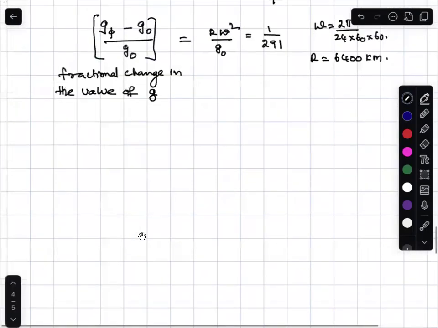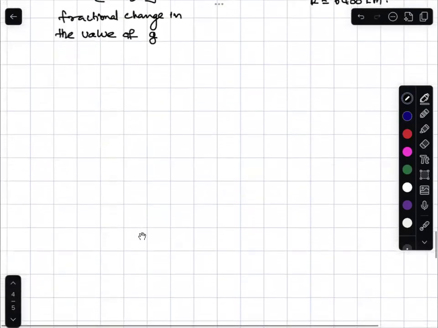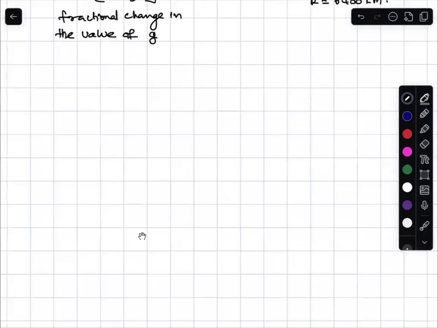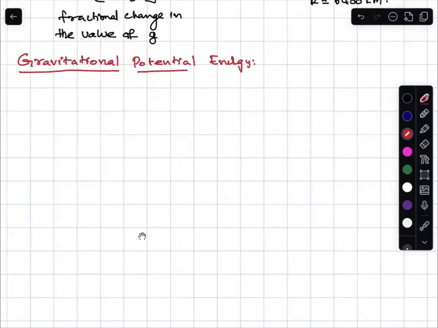Right. So now the next topic is gravitational potential energy.